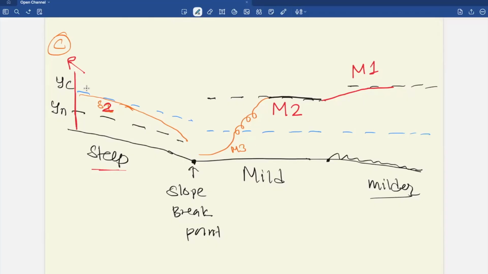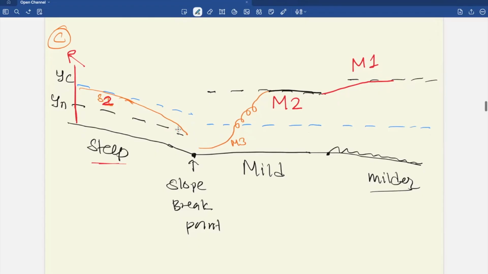Water then accelerates downhill, dropping from yc to yn. It's between two zones, zone 1 and zone 2, so it is called zone 2, a drawdown toward normal depth.